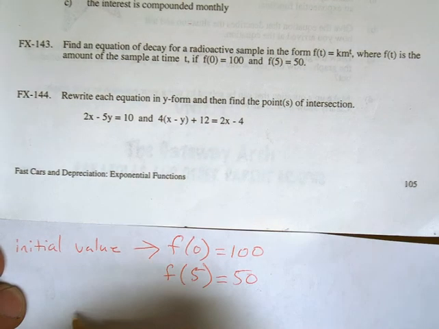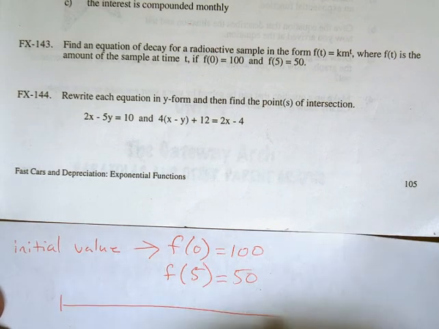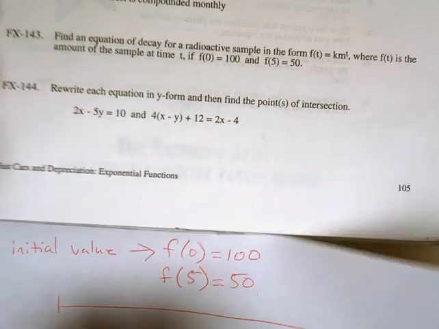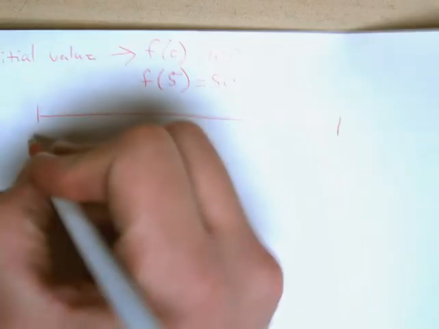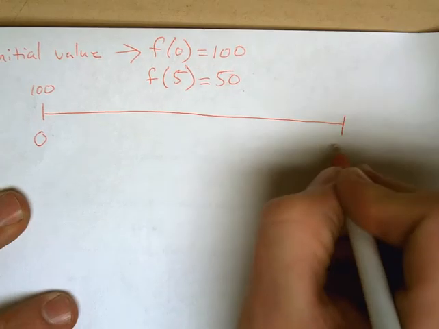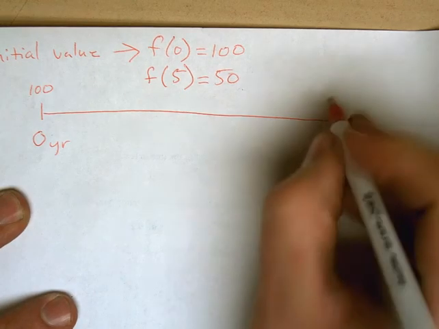So set up a timeline. I'm going to move the book here so we can just focus on this. So our 0 year, we have 100, and our 5th year, again this is a year, we have 50.